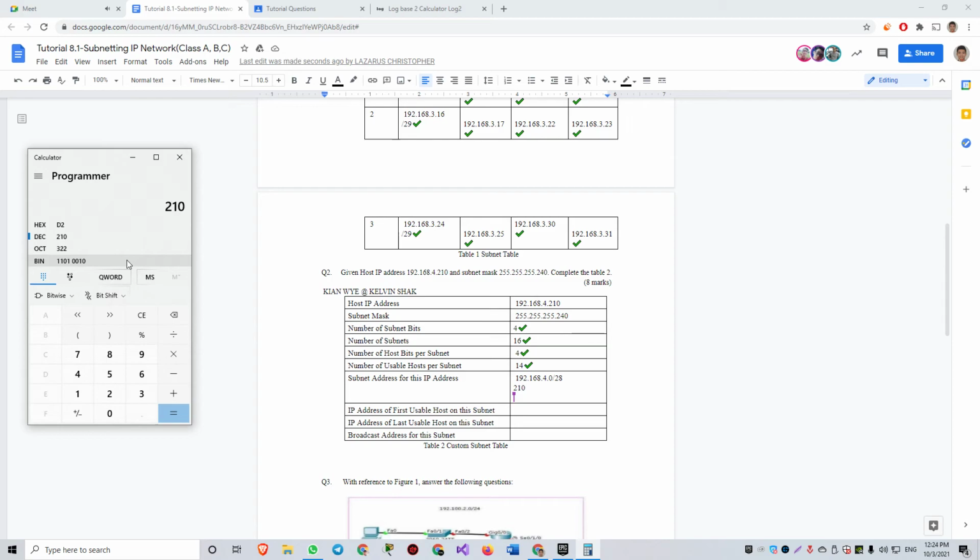Right. So you can look at that. Since we know the 4 bits, 1101 is the part of the subnet, right? Part of the subnet. So let's plug it in here. 1101 only, I'm interested.